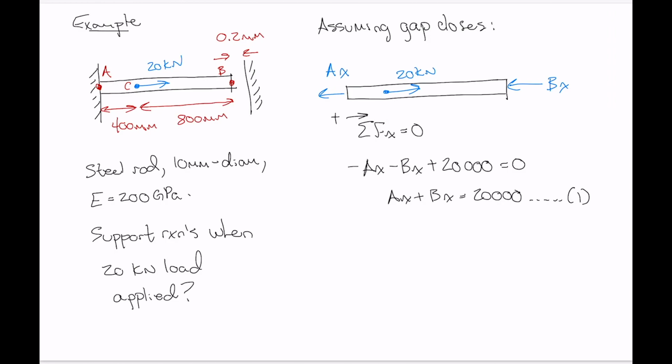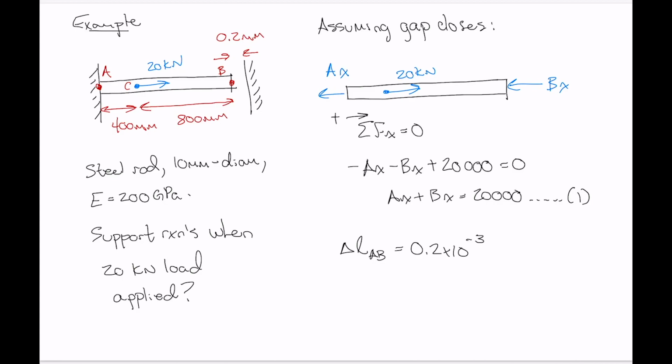The change in length of AB, delta L of AB, is not equal to 0 because point B can move, but we know that the total change in length of AB has to be constrained to 0.2 millimeters. So we've got 0.2 times 10 to the minus 3. I'm putting this number in meters and this number in newtons, so we maintain the meters, newtons, pascals unit convention.